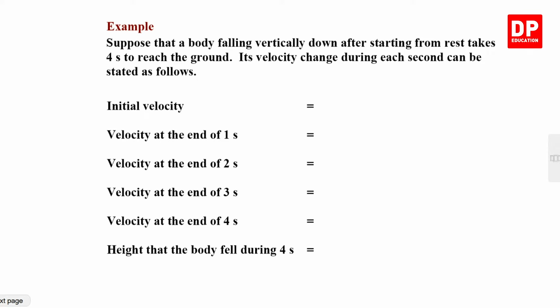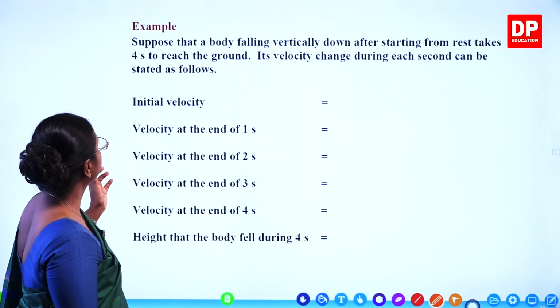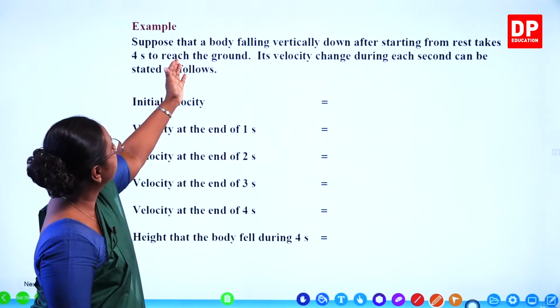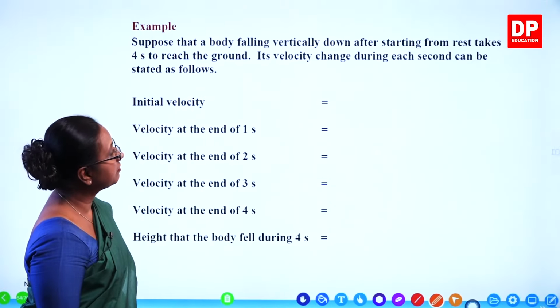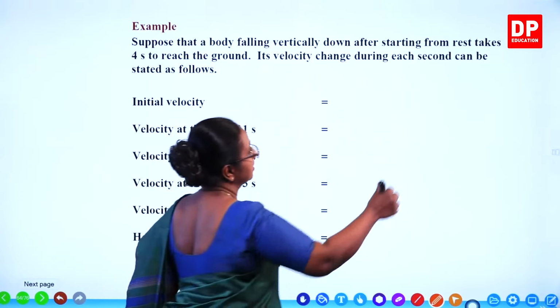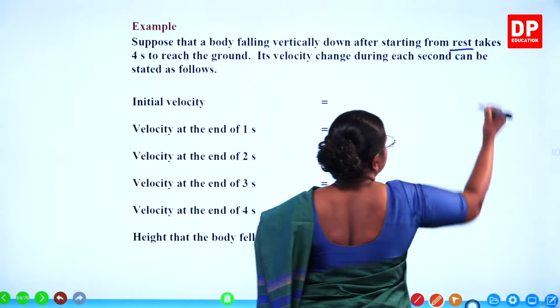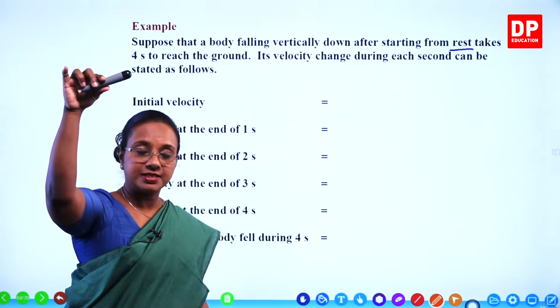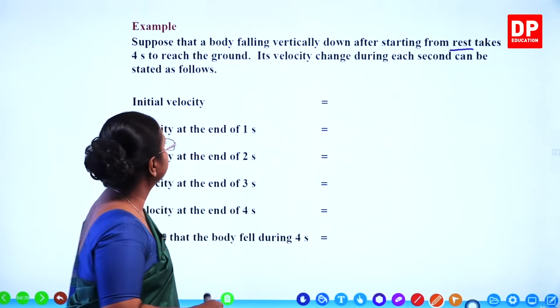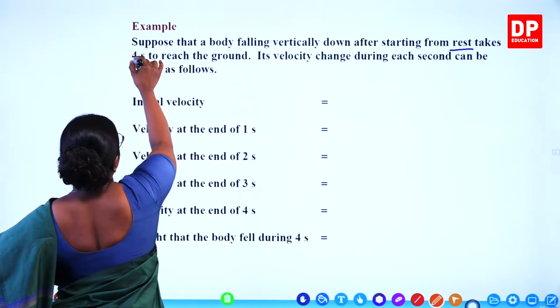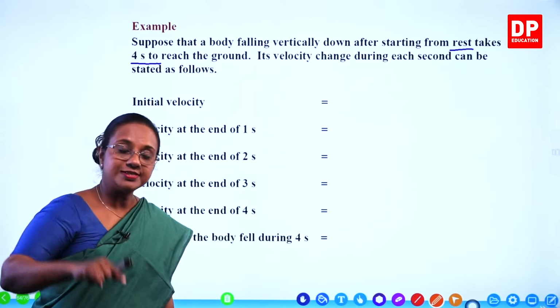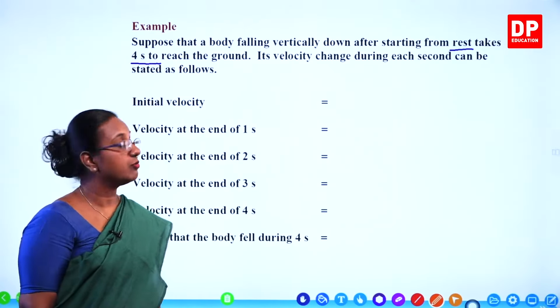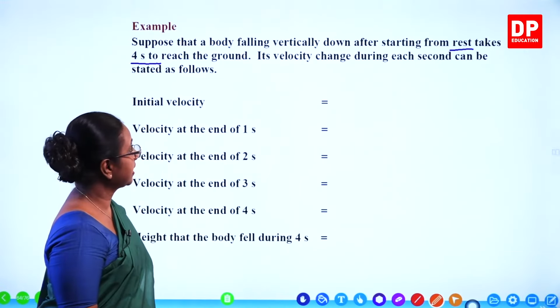So, as an example, we look at an object. Suppose that a body is falling vertically down after starting from rest. So, initially it is at rest at a certain height and the object is dropped. It takes 4 seconds to reach the ground. It falls down and reaches the ground after 4 seconds.